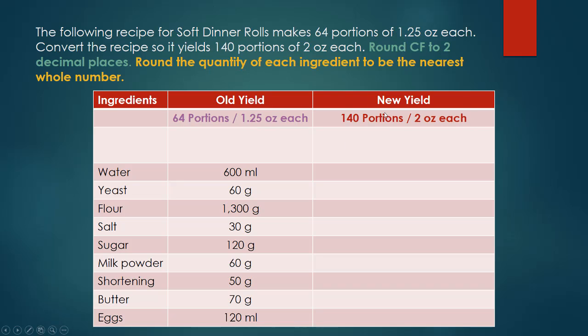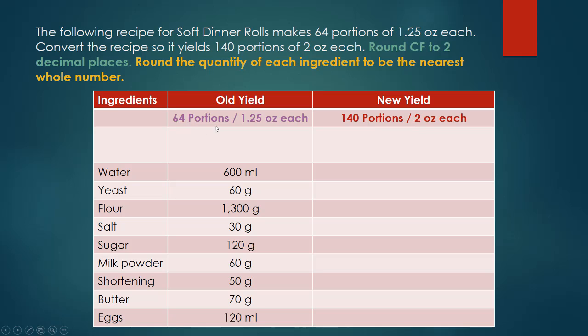Well, our new yield, not only do we want a different portion amount, but we want a different portion size. Our customer has 180 people coming over, so he wants 140 soft dinner rolls. But they like the rolls so much, they don't just want 1¼ ounce size, they want each roll to be 2 ounces.